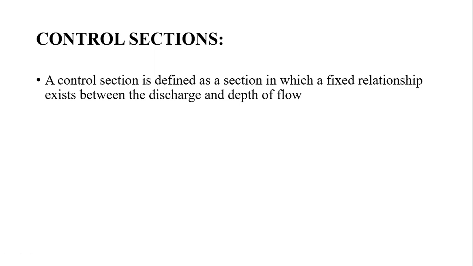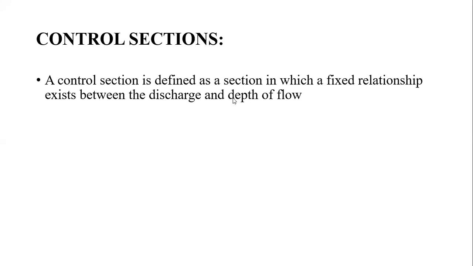What do they mean? Before and after the control sections, our GVF equations are not valid. Or the profile either starts from them, or the profile exists up to them. That is the meaning of a control section. I will see that one by one.